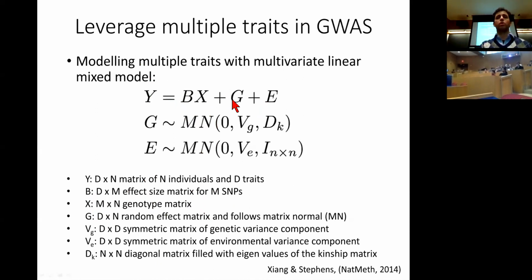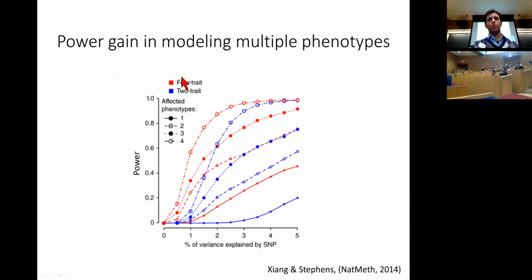And then, of course, at the same time, you have this random effect matrix for n by n individuals, and then this environmental component, which captures the genetic variation and the environmental variation. So you can model the multiple traits using these multivariate linear mixed models instead of univariate linear mixed models.